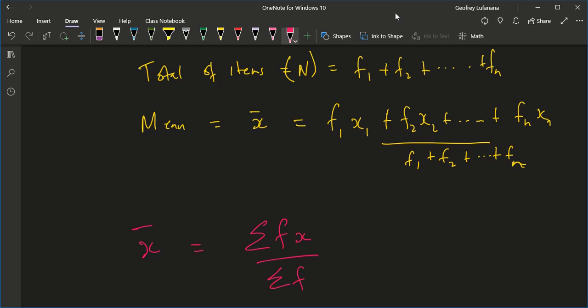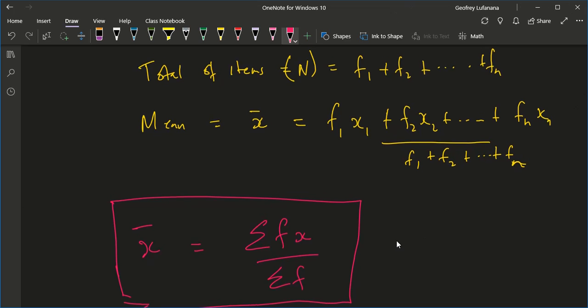This is the formula that we use to calculate the mean. It's still ungrouped data, but it's from a frequency table.